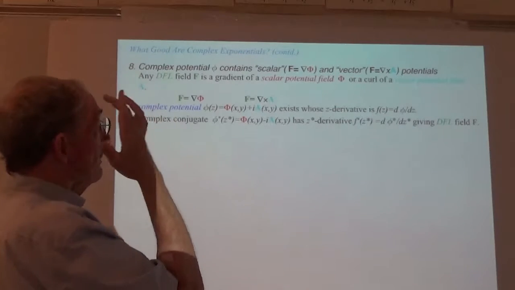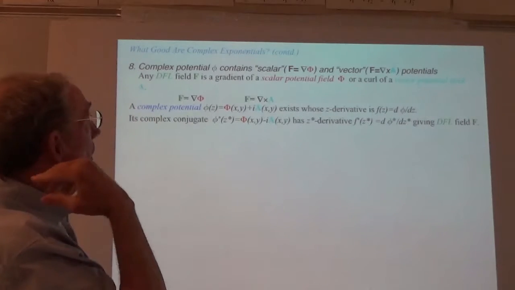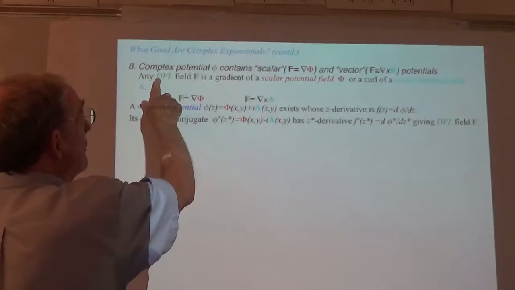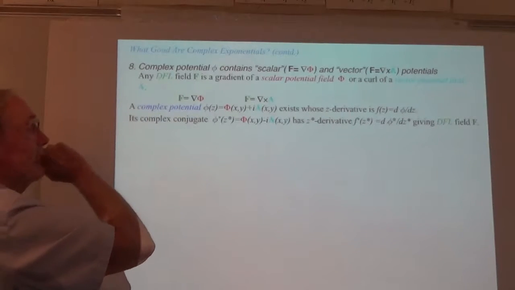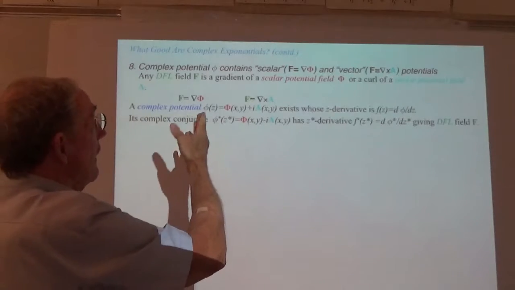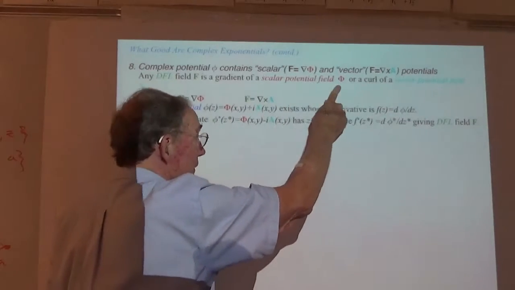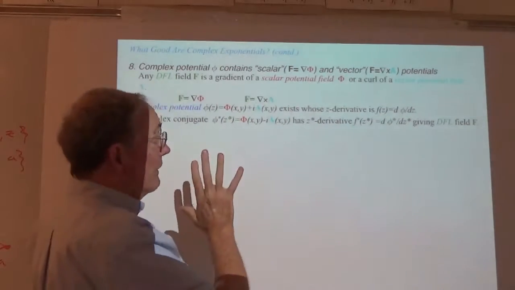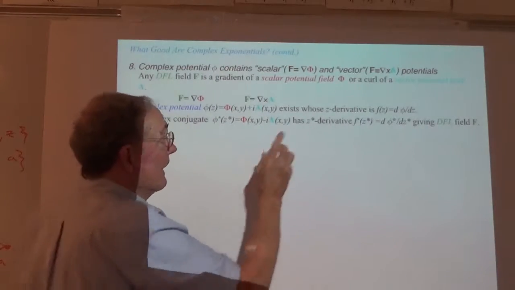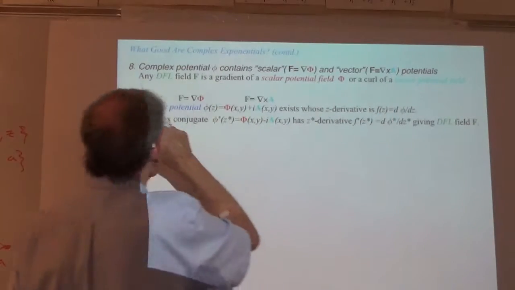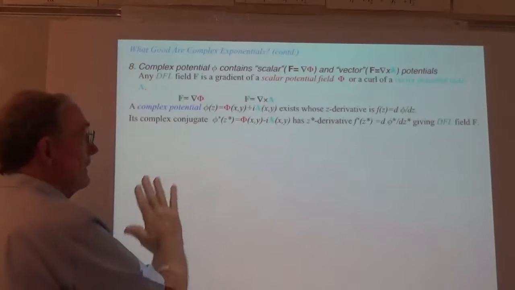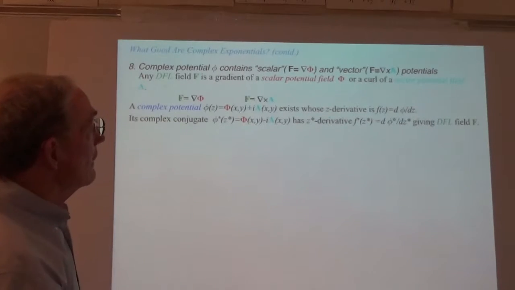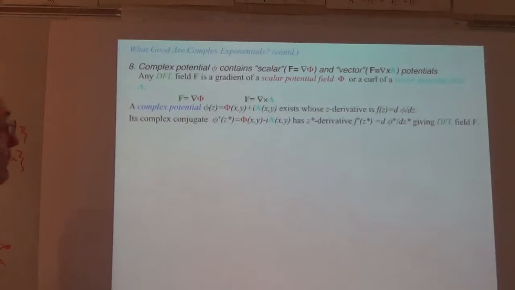But this thing is going to give us a field, a DFL field, a divergence-free laminar field, and it is a gradient of a scalar field, or you can treat it as the curl of a vector potential, but a vector potential that lies in the plane. That's a curious thing about this.